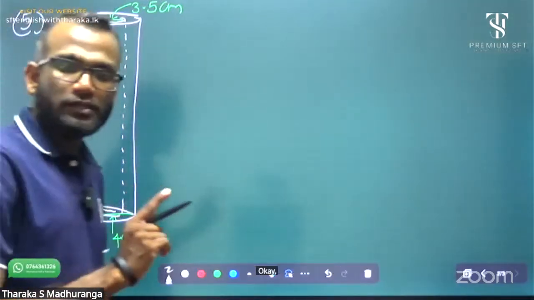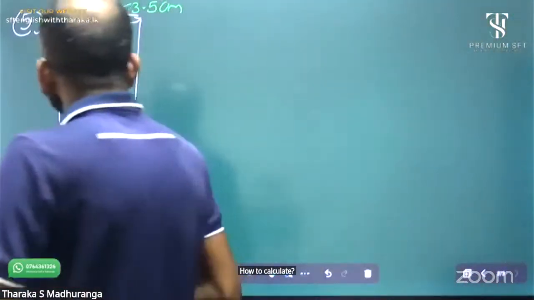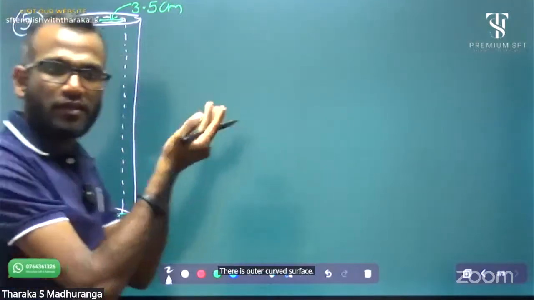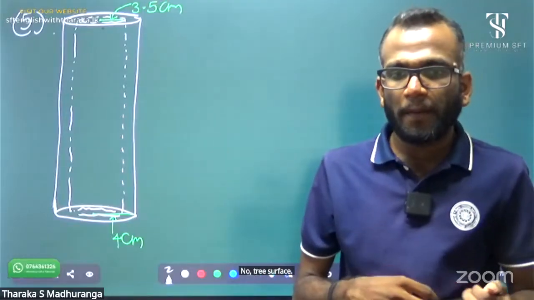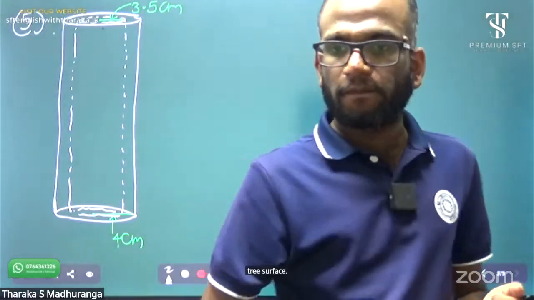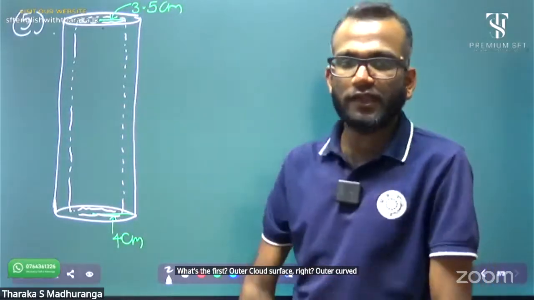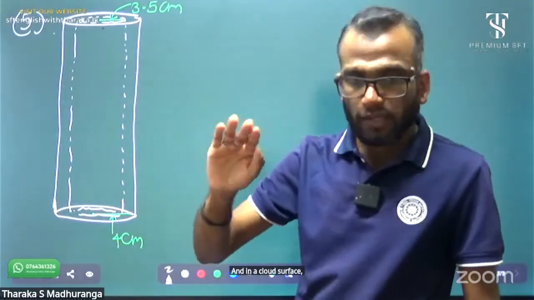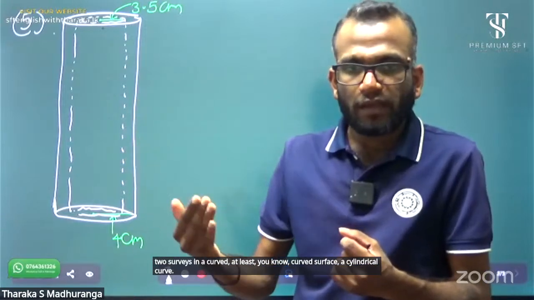Okay, how to calculate? How many surfaces first? There is the outer curved surface and the inner curved surface, the cylindrical curved surface inside.